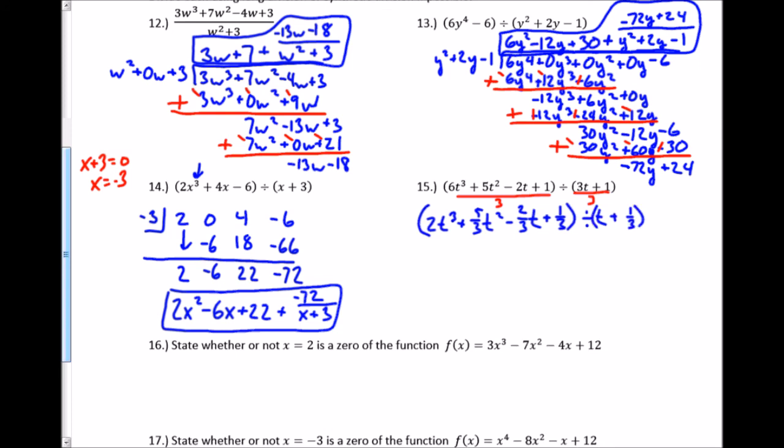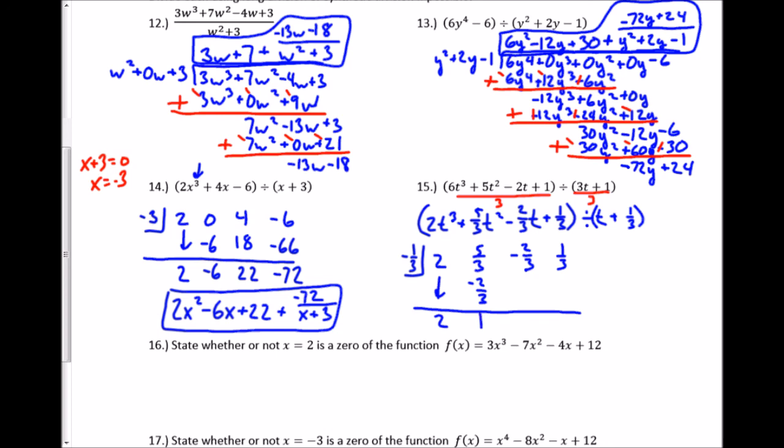With this new equation written this way, I can use synthetic division. So I'm going to put the negative 1/3 in the box, and I'm going to write down my coefficients. I'm going to start the same process I did earlier. I bring down the 2. I multiply a negative 1/3 times 2, which is a negative 2/3. When I add straight down, that gives me 3/3, which is 1.